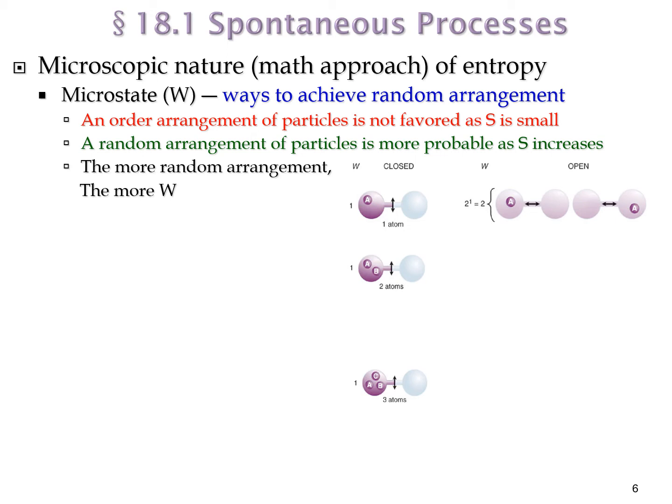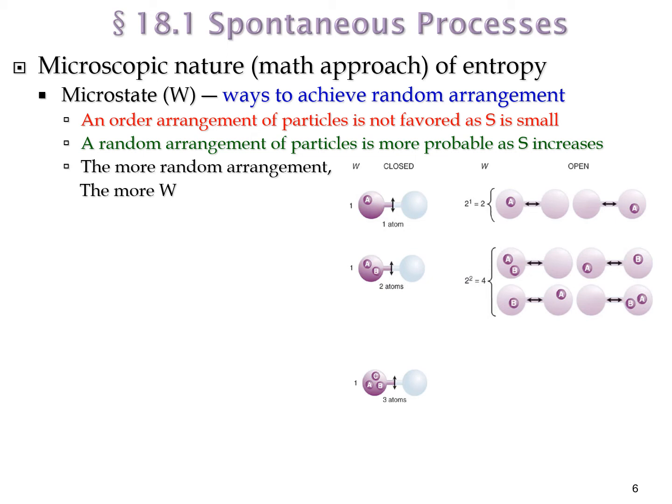That means we have 2 arrangements for the particle to stay. 2 arrangements sounds like a 2 with the first power. What about 2 particles? As we lay out, we find out that there could be 4 arrangements, as shown in the picture. 4 equals 2 with the second power.